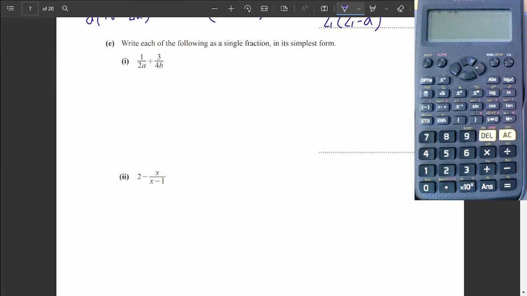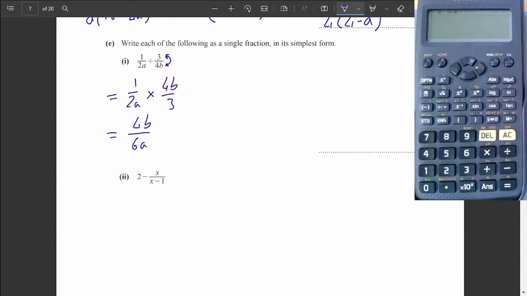Question 4e, part 1. When we divide with fractions, we do the invert, which means we swap the second fraction around and multiply. Right, so that will give me 4b over 6a as we multiply the top with the top and the bottom with the bottom.